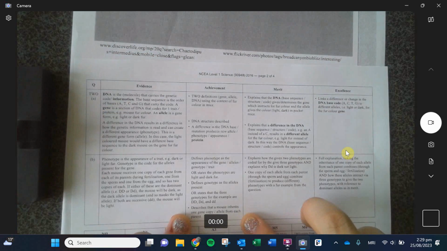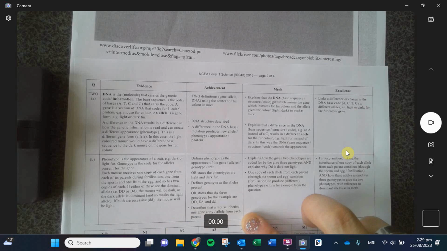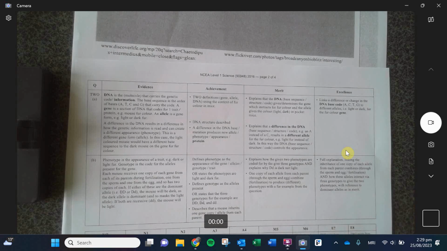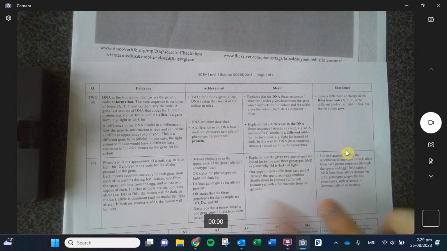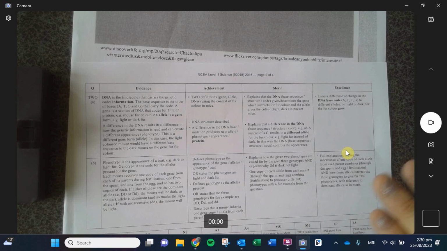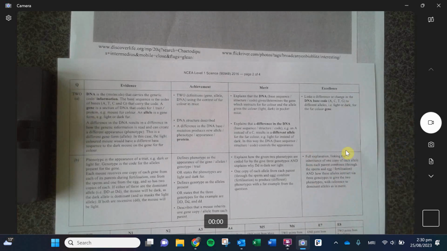Achieve points are looking at things like surface level learning, so have you gotten definitions. Merit level is typically looking for whether you have linked your answer, so using things like because and therefore in your explanation. Excellence is looking at that big picture thinking. Are you thinking about the material as a whole? Have you tied the whole story together?